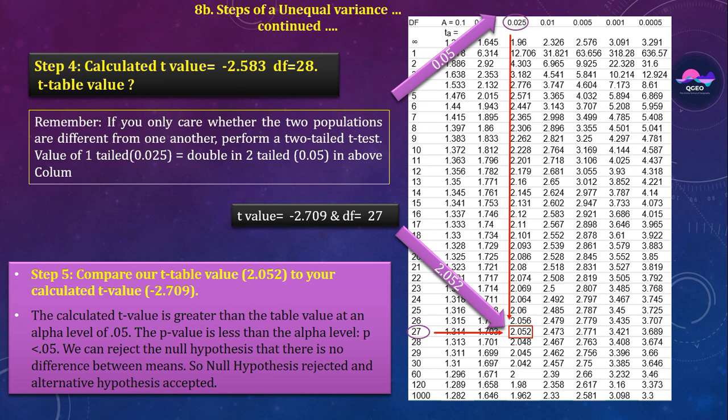We can reject the null hypothesis that there is no difference between the means. So the null hypothesis is rejected and the alternative hypothesis accepted. In this way, we can calculate equal and unequal variance by t-test.